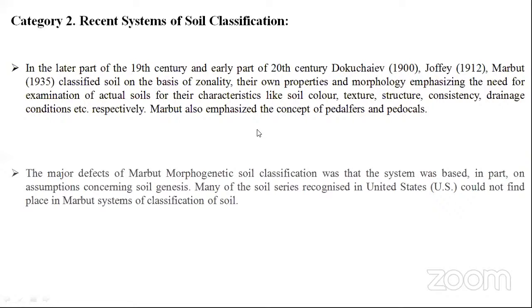Marbut also emphasized pedons, and they considered many things. So like this, Dokuchaev came with the genetic classification. Marbut came with the morphogenetic classification. That means he took the genetic concept from the Russian school. He was highly inspired by the Dokuchaev classification also.